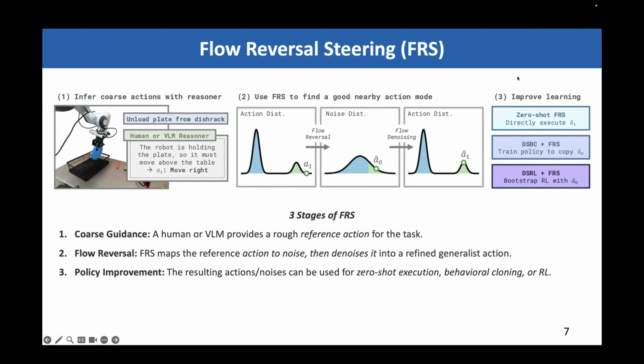Yes. And then you do the flow reversal to try to get the ground truth noise. Yeah. And then you do denoising from that noise so that the final action will be close to the rough action, but it's still sampled from the VLA. So it's in distribution. Is it correct? Exactly. Yes, that's exactly it.